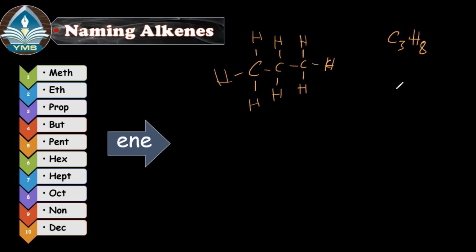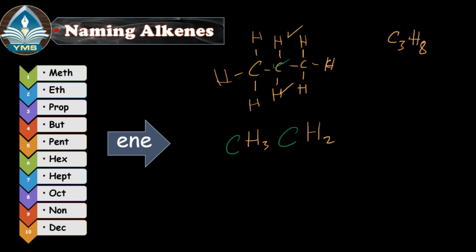But the condensed structure formula is we write the number of the carbon and how many hydrogen with it. So this carbon, C1, one carbon, and how many hydrogen is bonding with it? 1, 2, 3, CH3. Then the second carbon, this one, C. How many hydrogen is there around it? 1, 2.